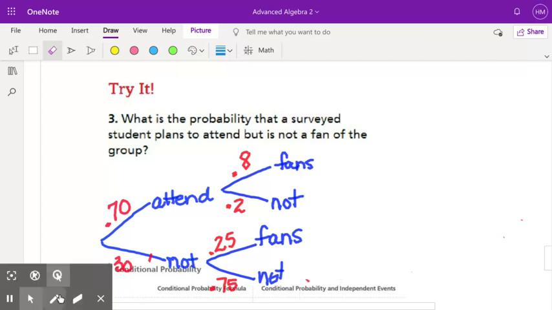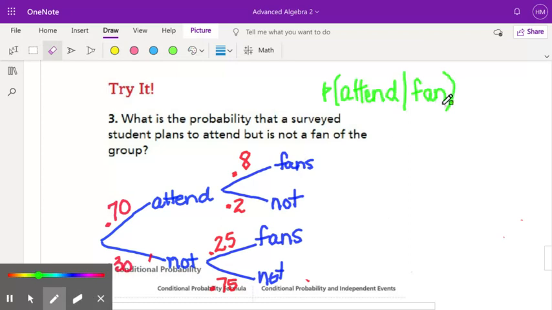So let me write that down in a different color. What's the probability that, given that they're a fan, so out of all of their fans, what's the probability that they attended the concert?